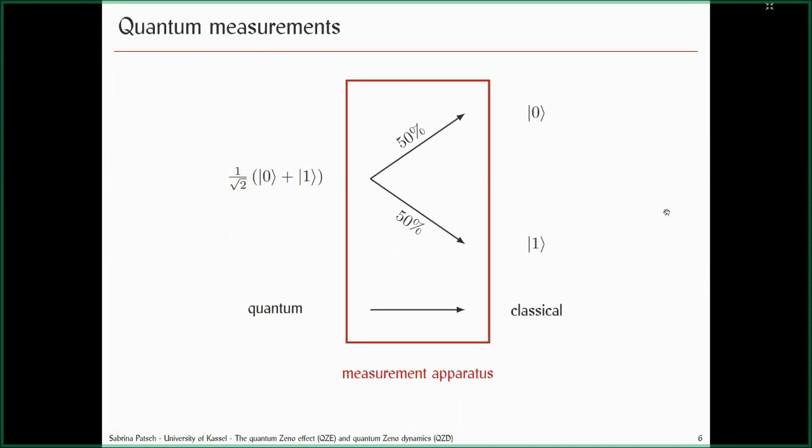We will talk about the projection postulate later, and everything that happens in between the superposition and the collapse of the state is just effectively describing what happens in a huge process of coupling the system to a meter to read out the state in the end. This whole very complex mechanism is just mapped to this mathematical formalism of the measurement.